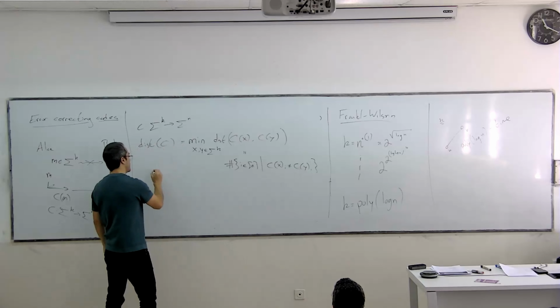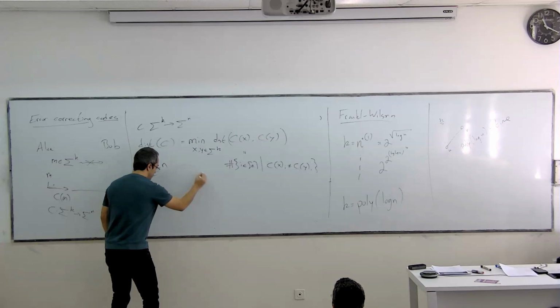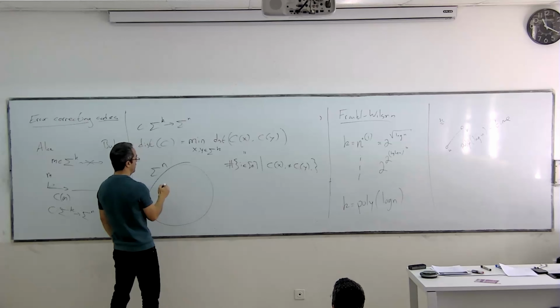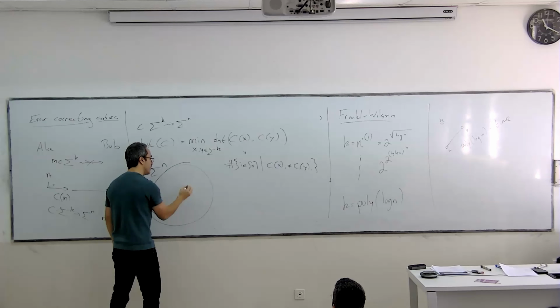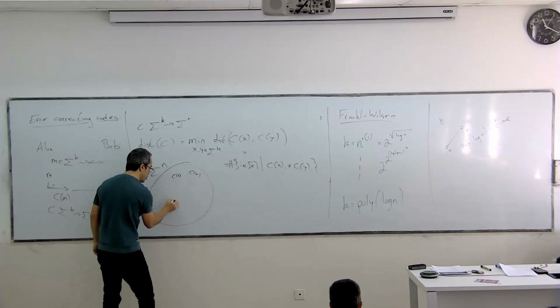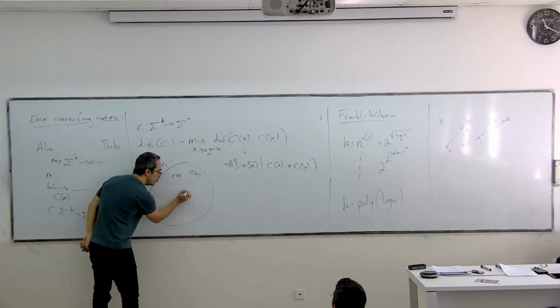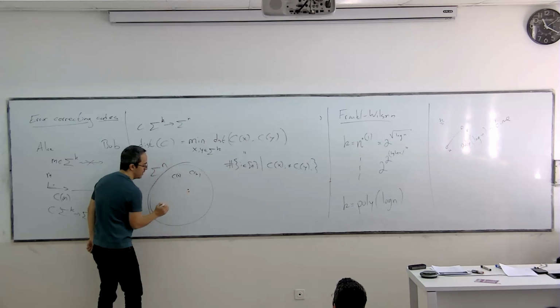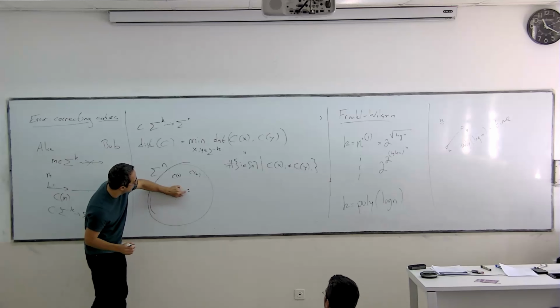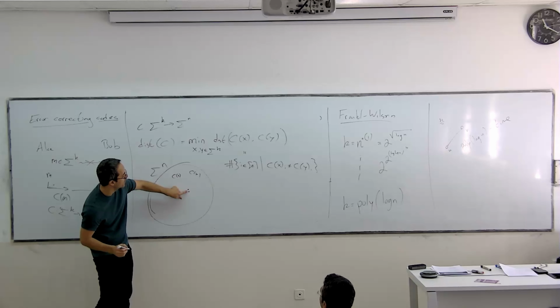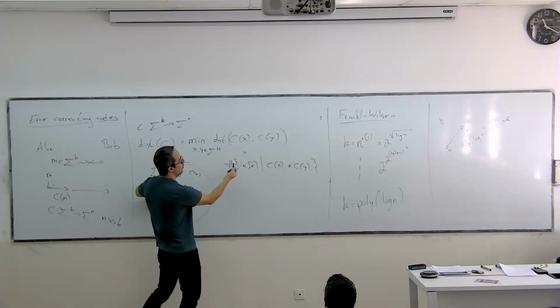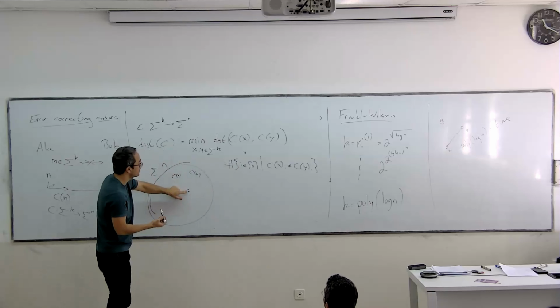Right? So I'm thinking of this as sigma to the n, then maybe this is C of X, this is C of Y, and then iterating on all of them. Then 2 points that are close is a problem. Because say, for example, the distance is 1, which means that there is exactly 1 index on which they disagree.